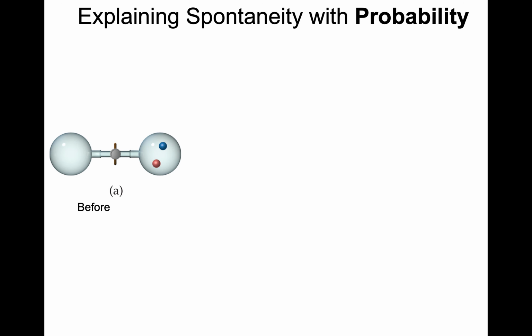Now, how do we begin to explain this? Clausius has given us an equation, a way that we can do this calculation, but how do we begin to explain it? We're going to be explaining it at the particle level in terms of probability. So let's say we go back to this chamber right here. It's evacuated on the left-hand side, 2 particles on the right-hand side. What's going to happen when I open up the stopcock in between them?